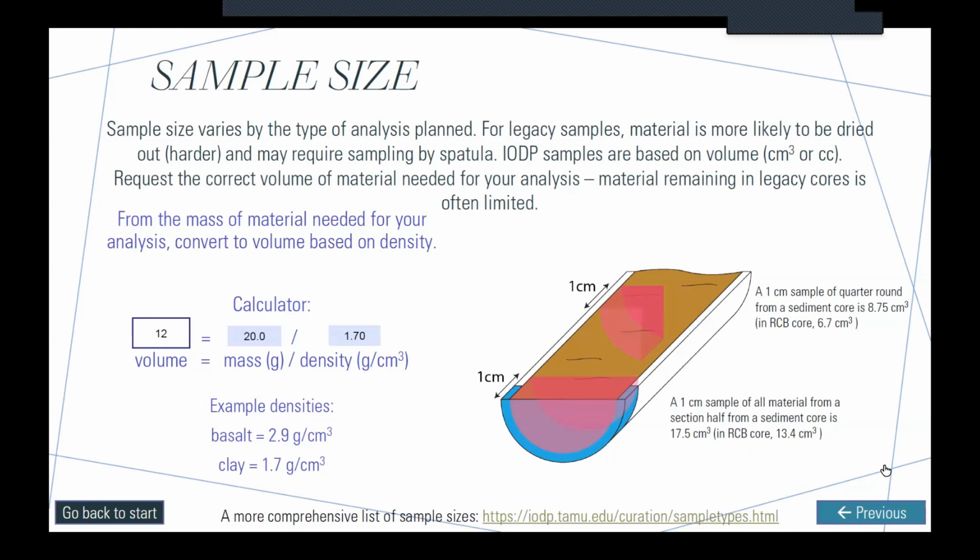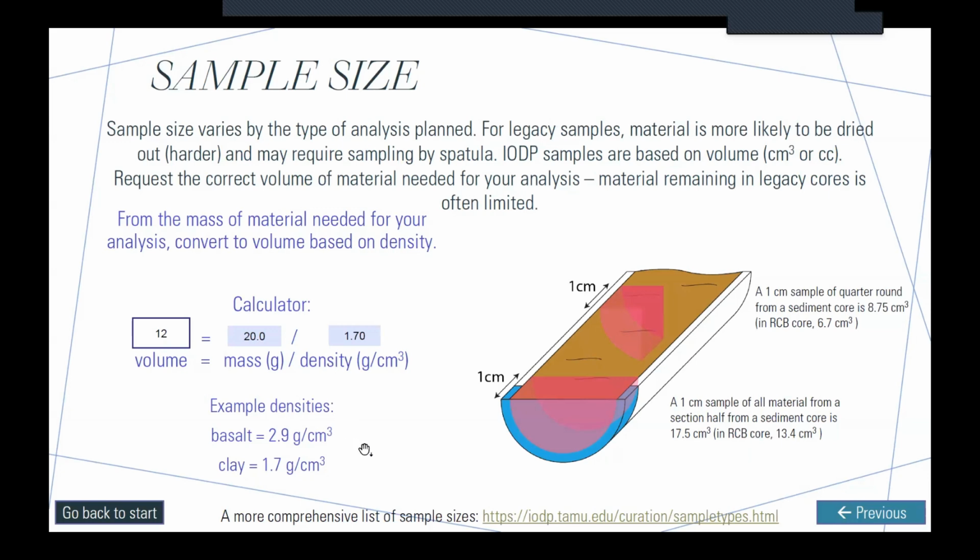As I showed you in that other picture, the material remaining in legacy cores can often be quite limited. So you don't want to request too much. You don't want to become your own repository, but you also don't want to request too little, and then you can't actually make your analysis. So I did dump a little calculator into this thing.